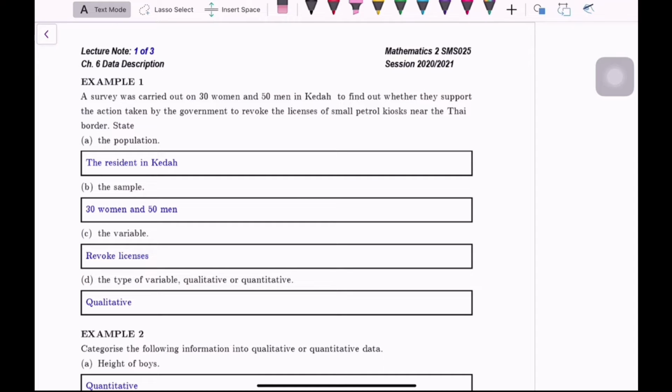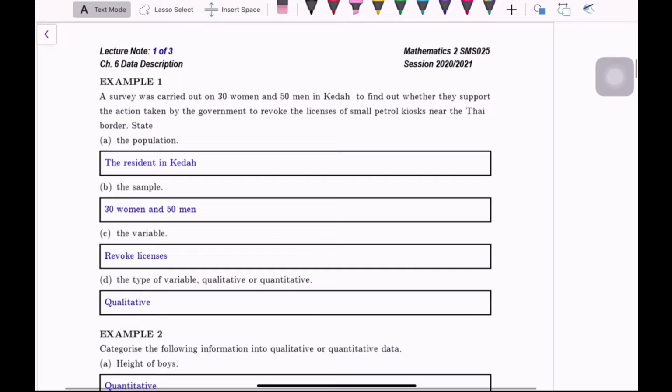Example 1. A survey was carried out on 30 women and 50 men in Kedah to find out whether they support the action taken by the government to revoke the licenses of small petrol kiosks near the Thai border. State the population. The population is resident in Kedah.